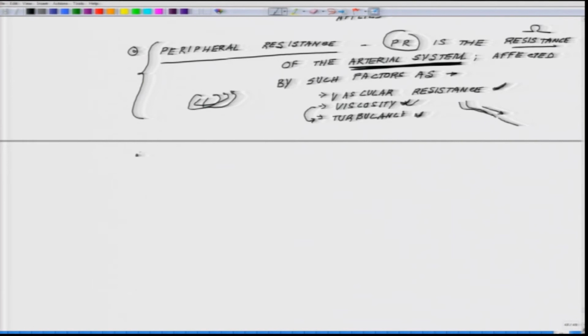Now, we will move on to the next one, which is basic resistance in the blood vessel. The basic resistance is the force that opposes the movement of the blood flow.